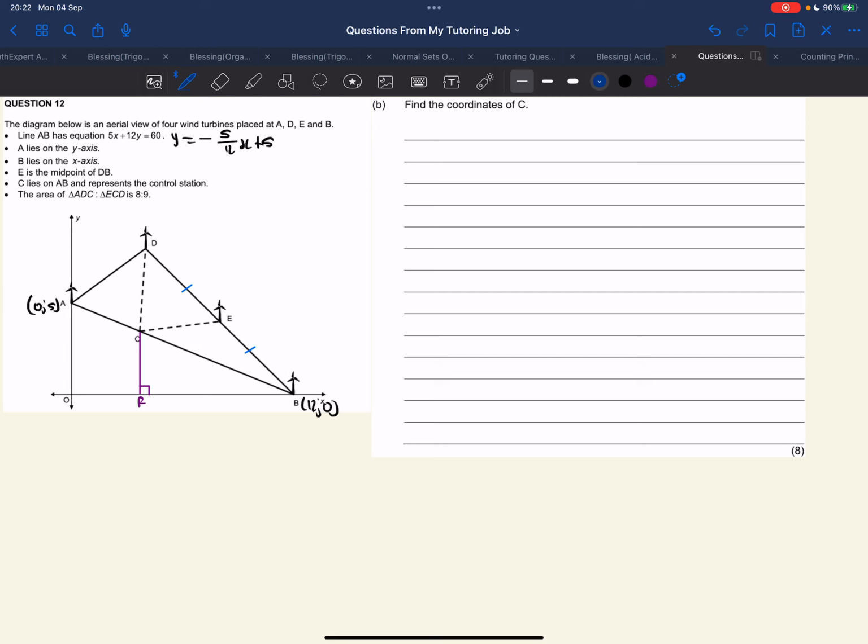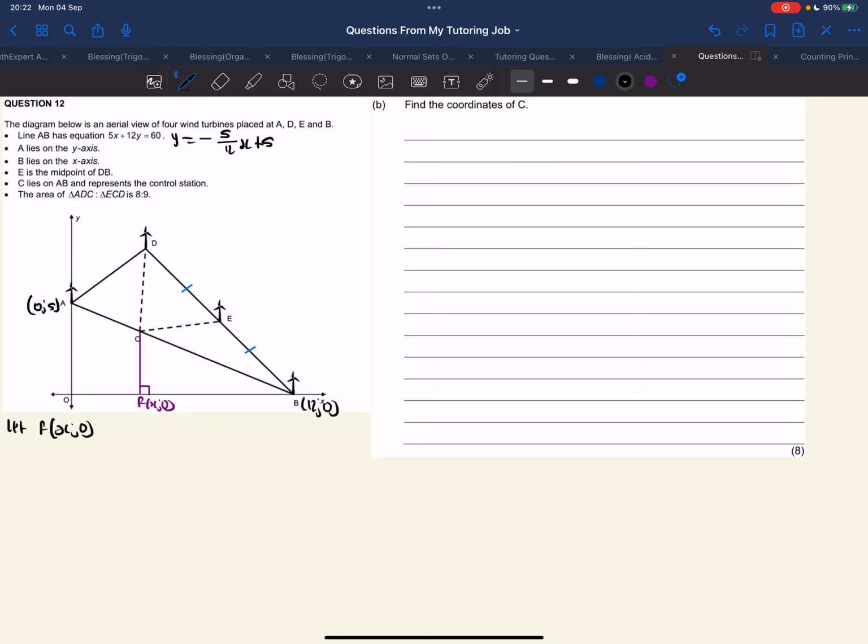And then after saying that, I'm going to say let F be x comma 0. So the coordinates of F is going to be x comma 0. Now the coordinates of C is going to be x comma y, where y is the equation of the line AB, because remember C lies on the line AB.